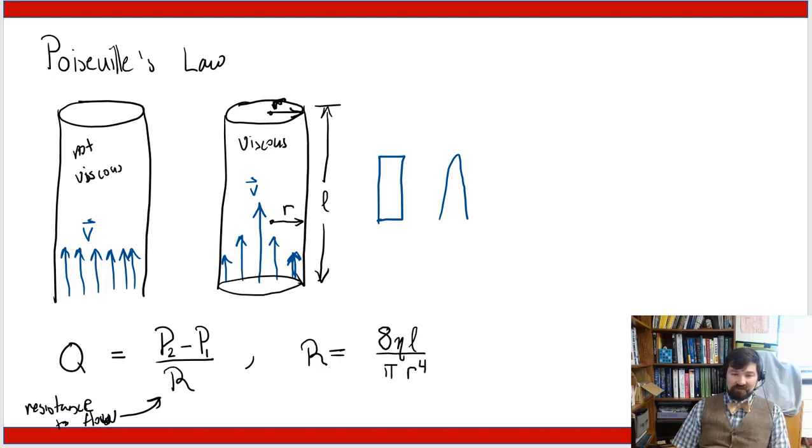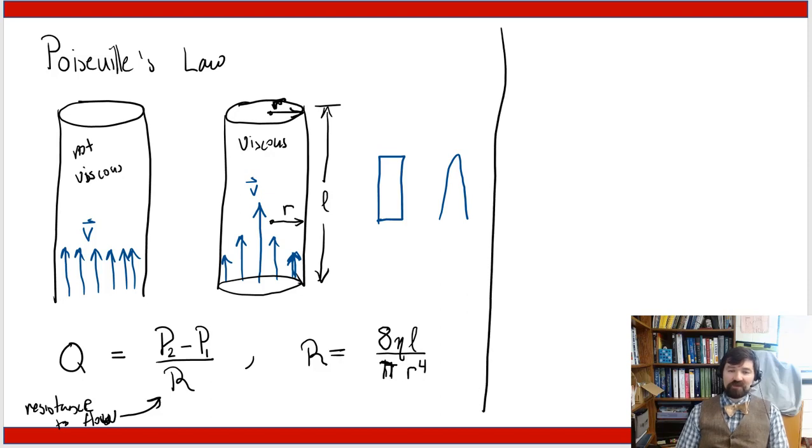They're both lengths. And then in some sense we could rewrite Poiseuille's theorem.